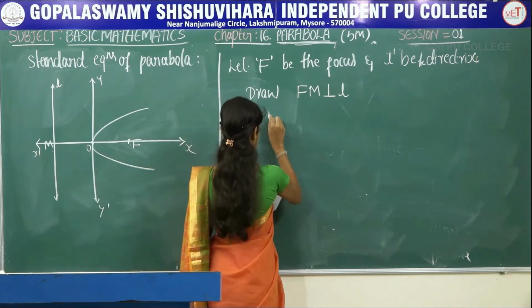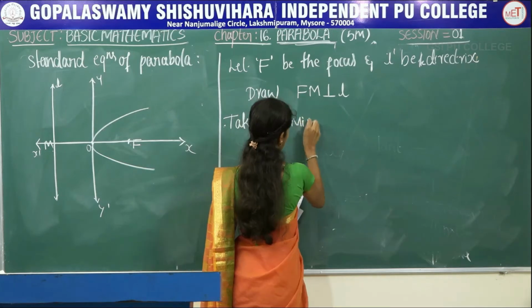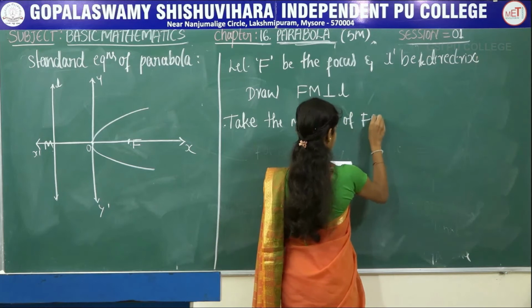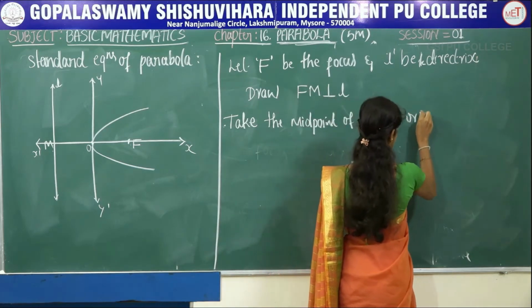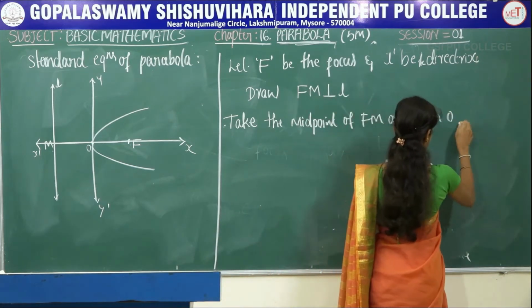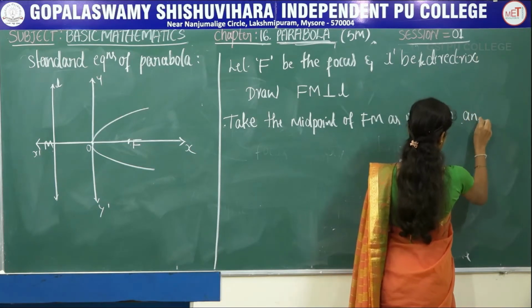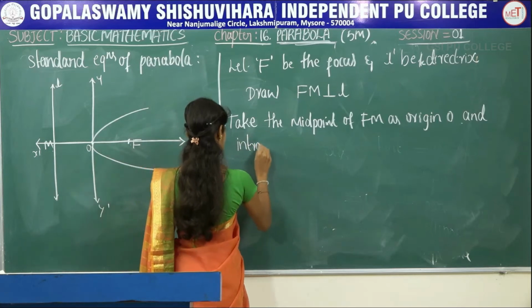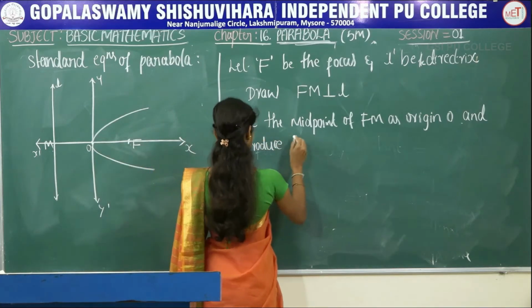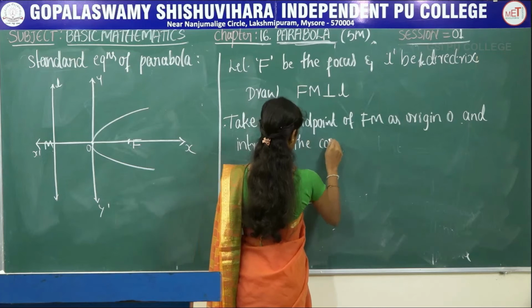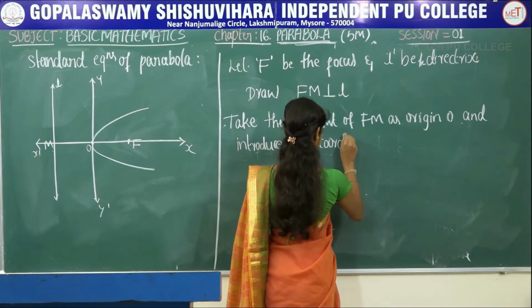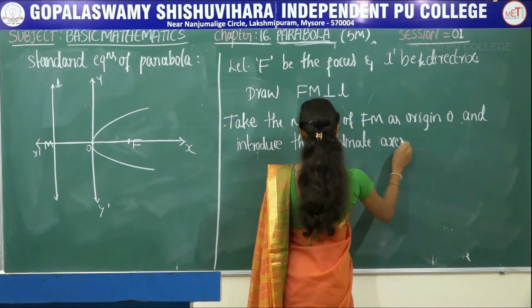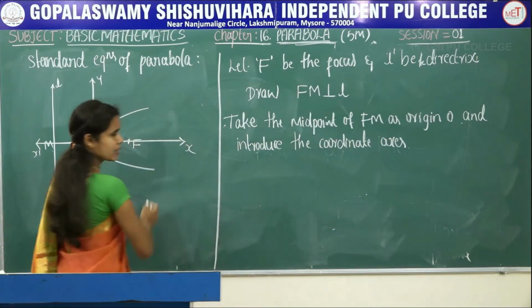Take the midpoint of FM as origin O and introduce the coordinate axes as shown in the figure.